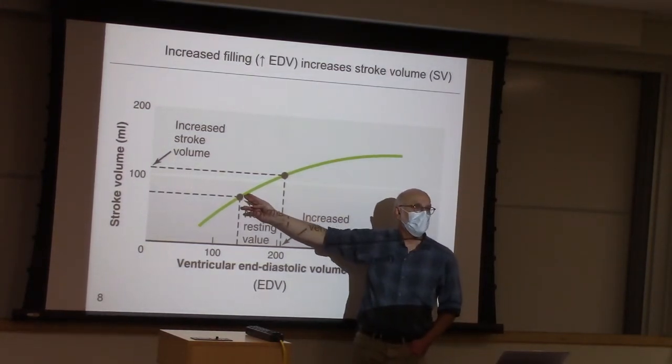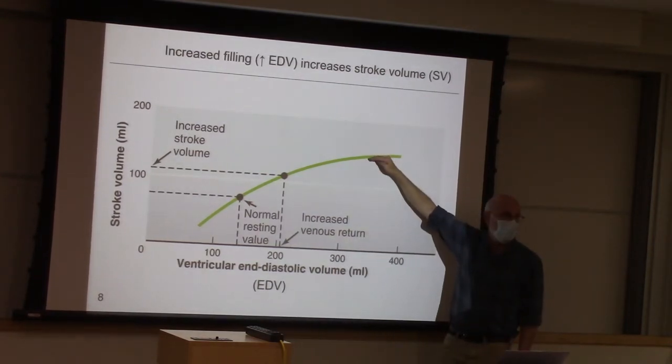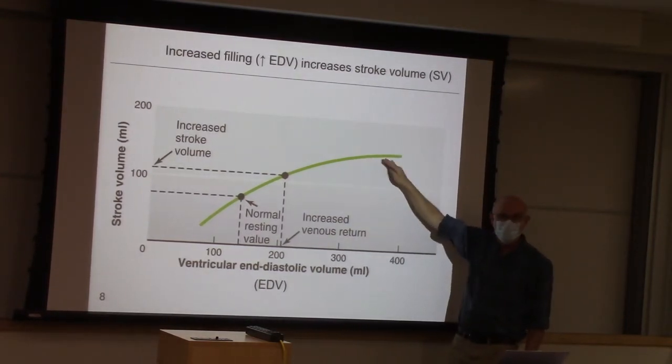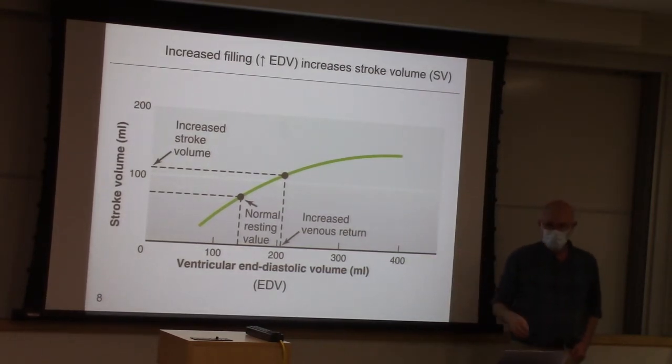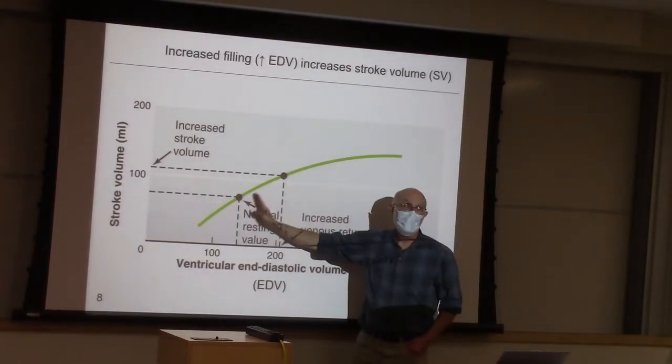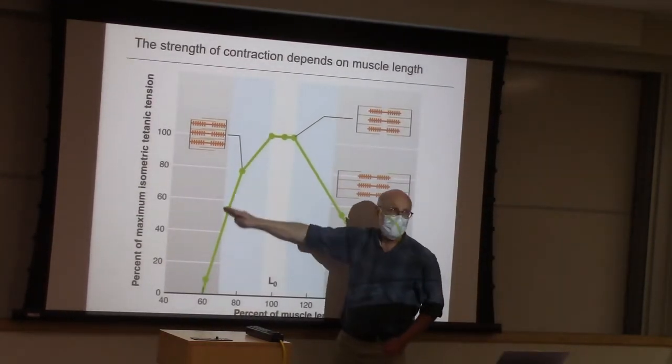We've got a reserve that we can stretch it more and generate more force. But when you get out here, you have to be careful because you're close to the fall. So we typically work in this range.